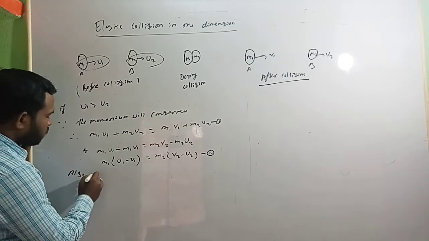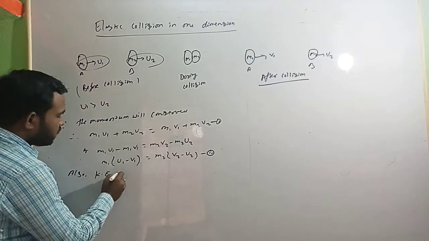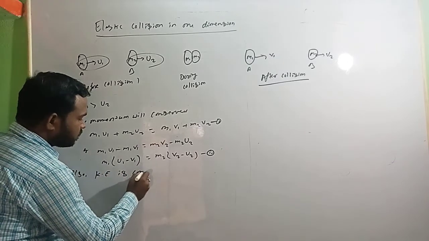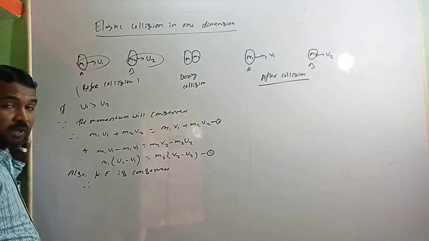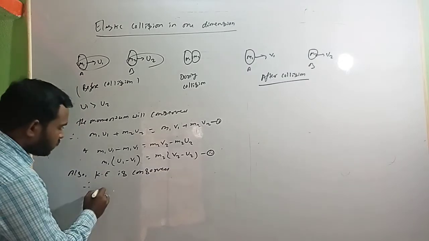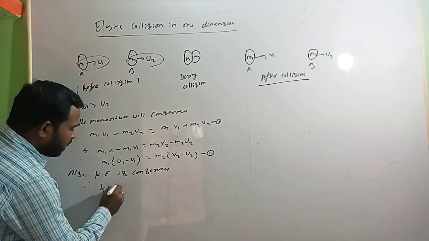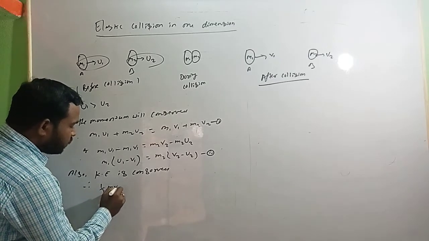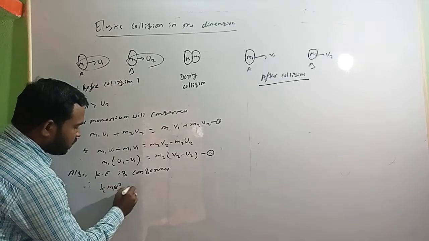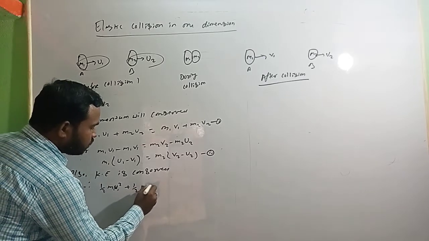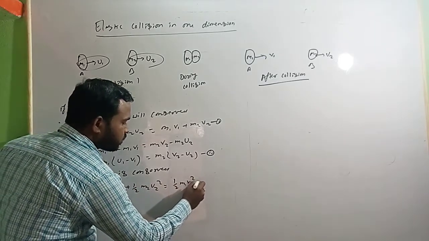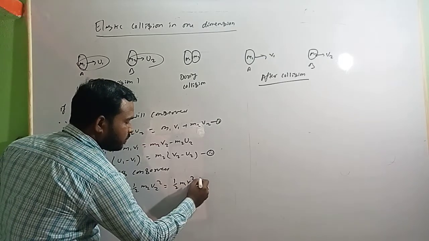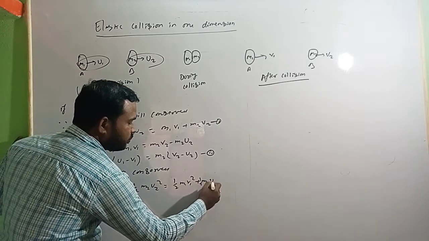Also you know that KE is conserved. Therefore, what is the formula of KE? Half m v square. Very good. So you will write half m1 u1 square plus half m2 u2 square is equal to half m1 v1 square plus half m2 v2 square.